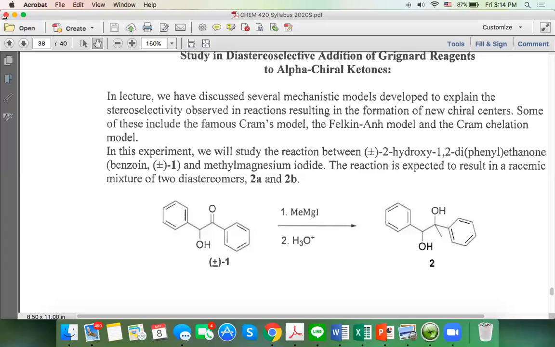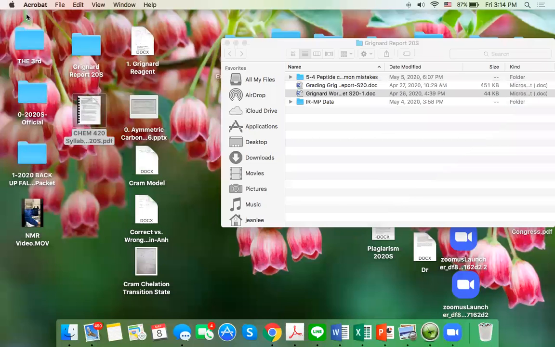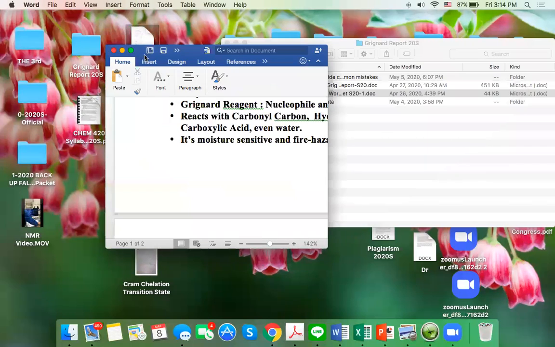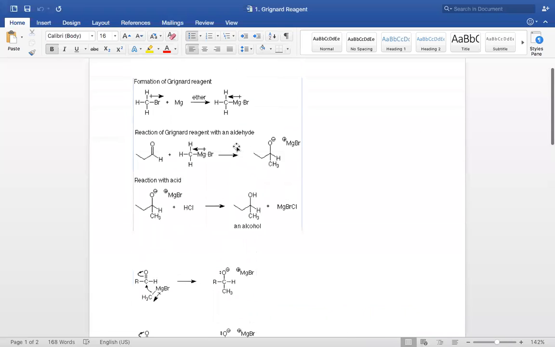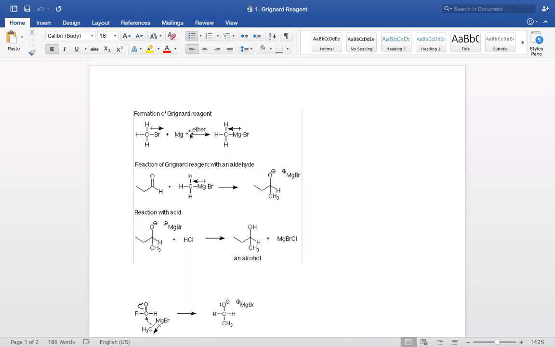So I want you to go back to my Grignard reagent writing. From benzoin, you already know I need 2 moles of Grignard reagent.